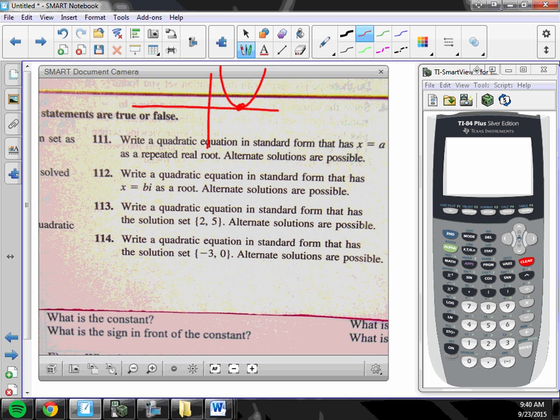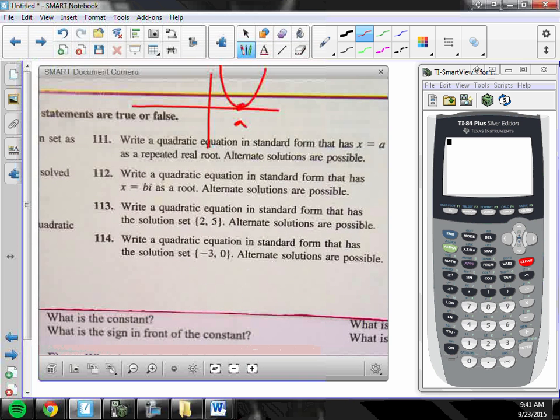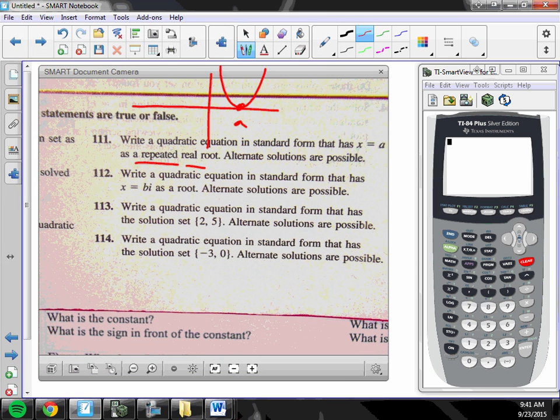Well, what do we know about a? What sort of number is a? It's real, which means it could be anywhere on the x-axis. It's not imaginary. So repeated means it happens twice and it's a bounce-off root. Real means it's somewhere on there.